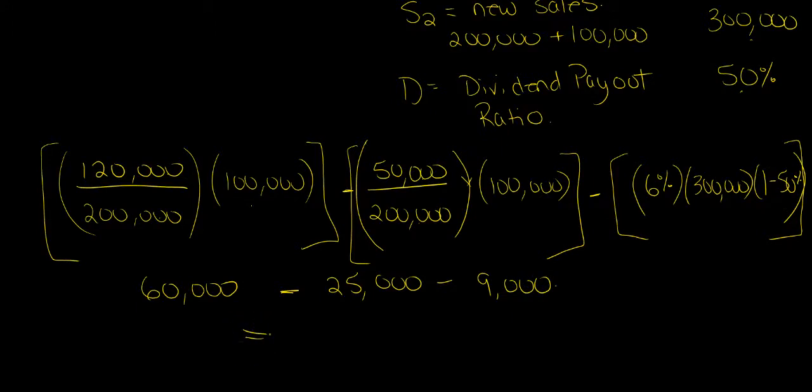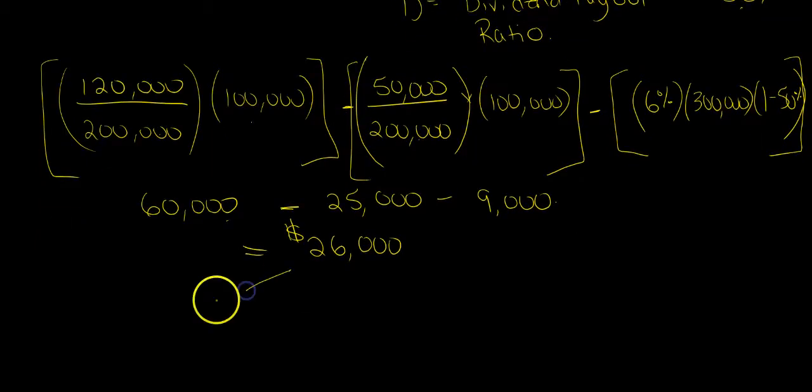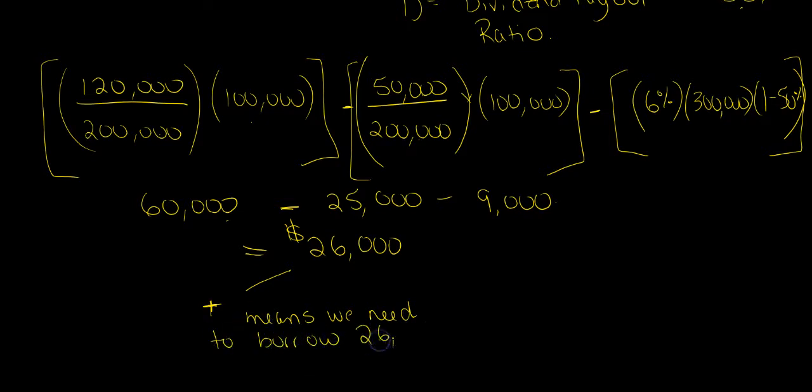So when you add that all up, 60 minus 25 minus 9, that gives me 26,000. Okay? So when it's positive, like it is here, that means we need to borrow $26,000.